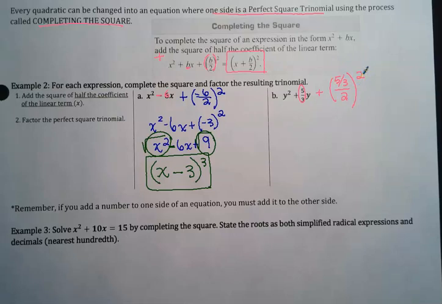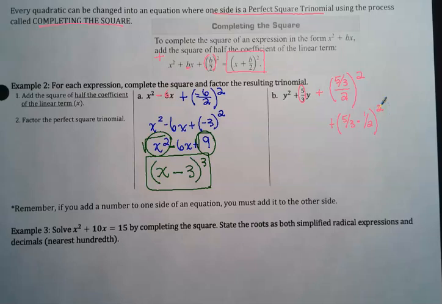I know that looks really complex. If you're thinking this is terrible, remember that dividing by 2 is the same as taking half. So we could also say that we're going to add 5/3 times 1/2, squared. You might prefer that.